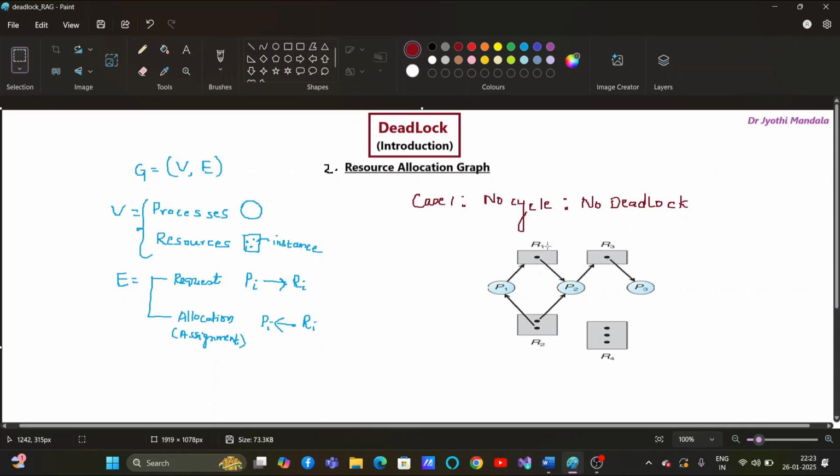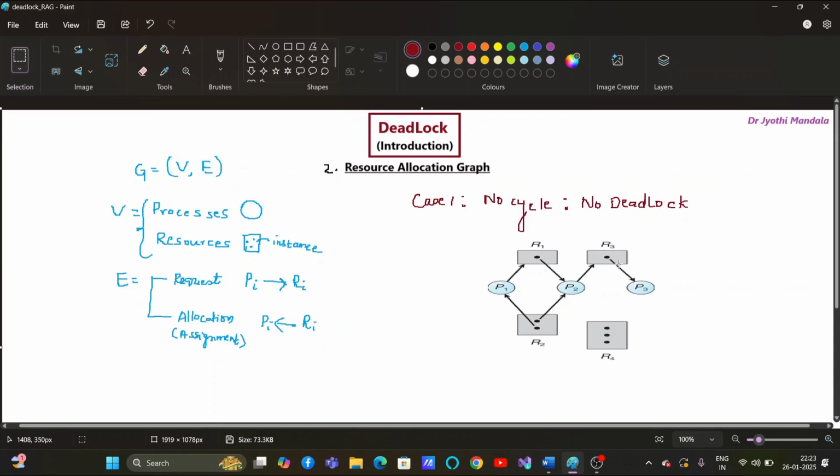The edge between P1 and R1 is called a request edge, and the edge between R2 and P1 is called an allocation edge. Two instances are there. One instance is under the control of P1, another instance is under the control of P2. And we have only one instance of R3, which is under the control of P3. So depending upon your request and allocation, we have to draw the edges and come up with one graph, which is called a resource allocation graph.